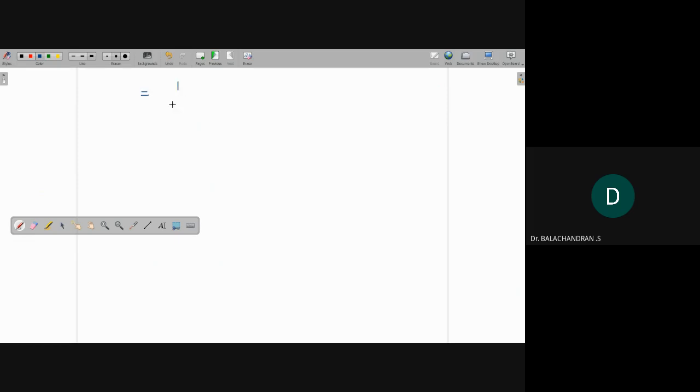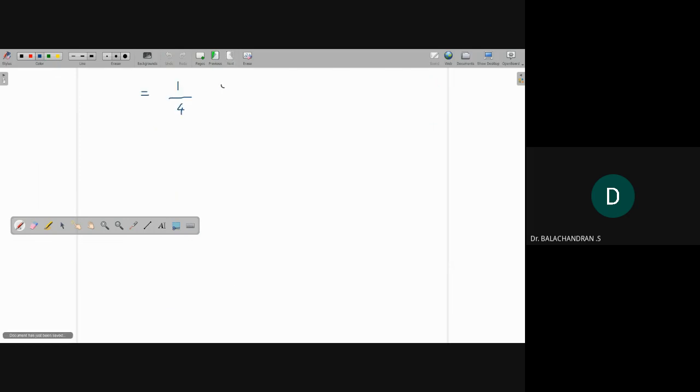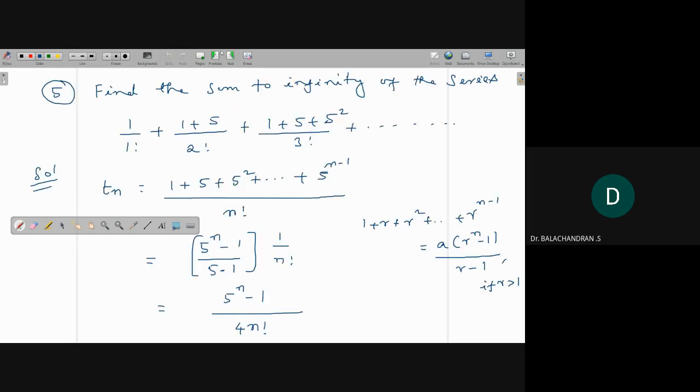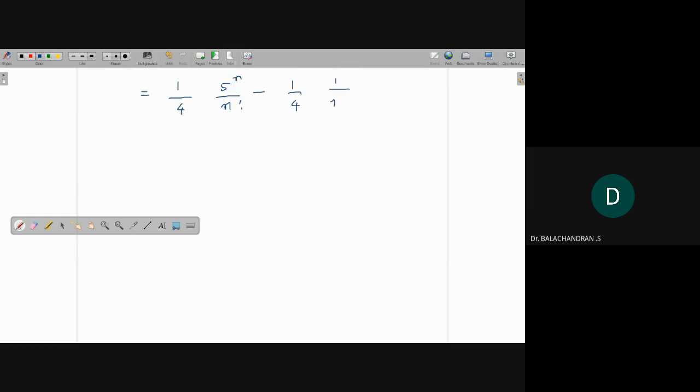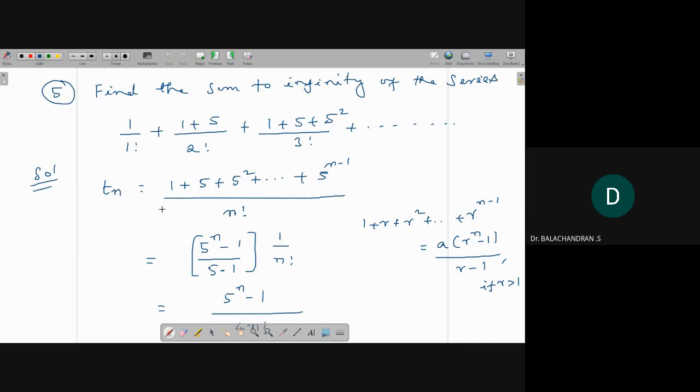Take 1 by 4 as common: 1 by 4 into 5 power n by n factorial minus 1 by 4 into 1 by n factorial. So this is Tn. N starts from 1.